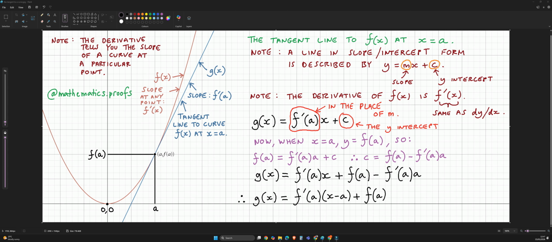If we factorize and simplify this equation, we end up with g(x) equal to f'(a) times (x minus a) plus f(a). This equation over here, g(x), is the tangent line to f(x) when x is a. And for this particular curve, this is what g(x) looks like going through the point (a, f(a)).